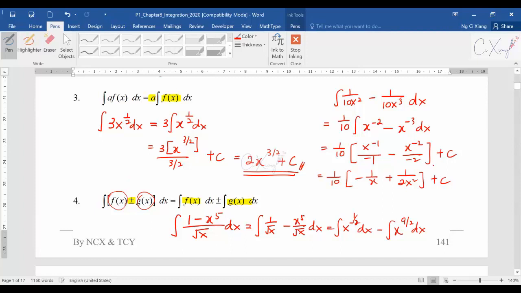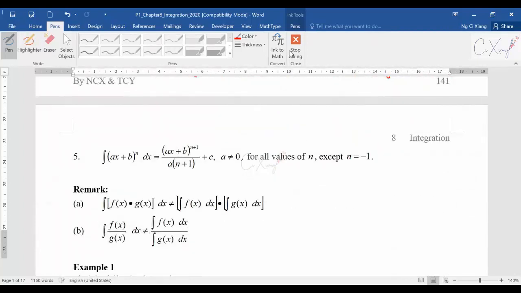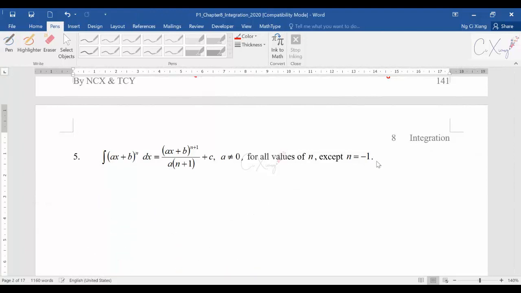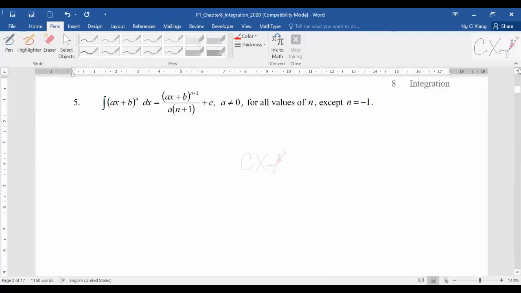Alright? Okay, then the last one. For the last one here, when you have a bracket with ax plus b inside and power n, when you do the integration, what is the step? You need to copy the whole bracket, power plus 1, like what you did just now.